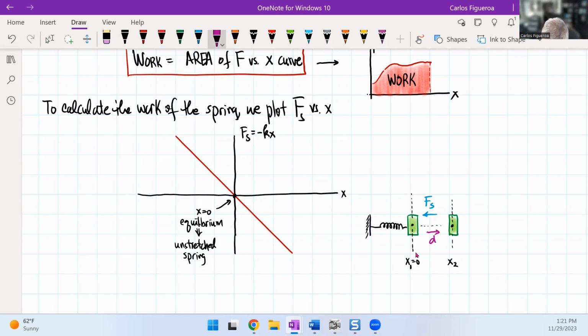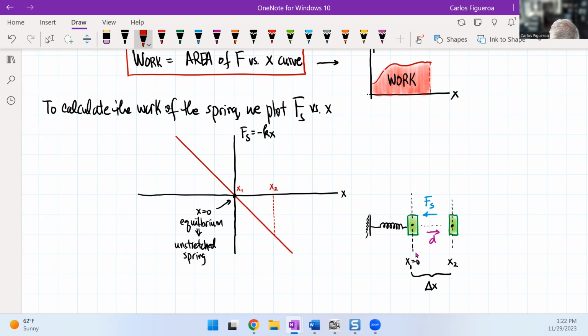So the distance from here to here is going to create a difference in this displacement. Let's say this point right here is x2. This point is going to be x1.